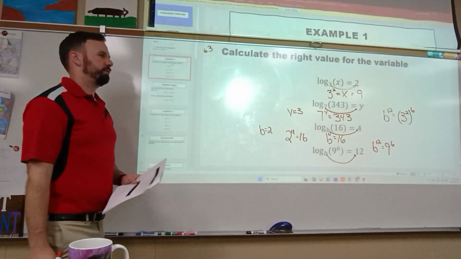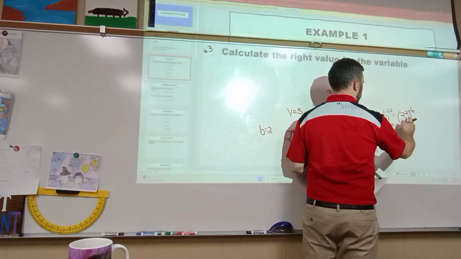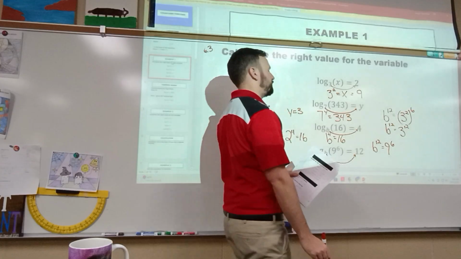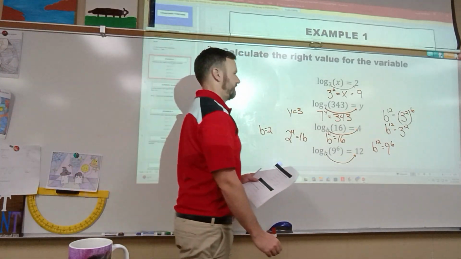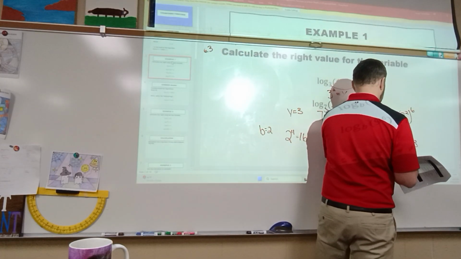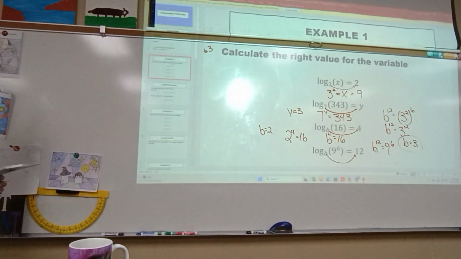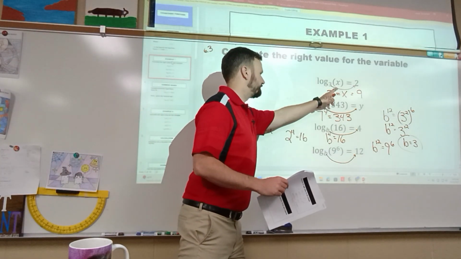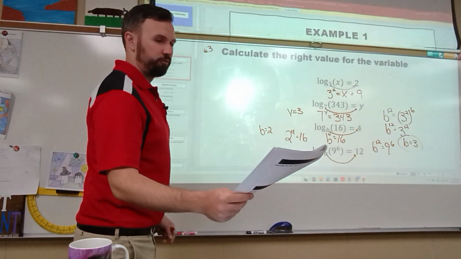Yeah or no? So that'd be b to the 12th. What's 2 times 6? Equals 3 to the 12th. So you're basically looking for a lot of perfect squares. So b equals 3. Oh, perfect. I can help you out with those if you get stuck on them. Make sure you know how to do this rule, though. All right. We're halfway through 6.3.